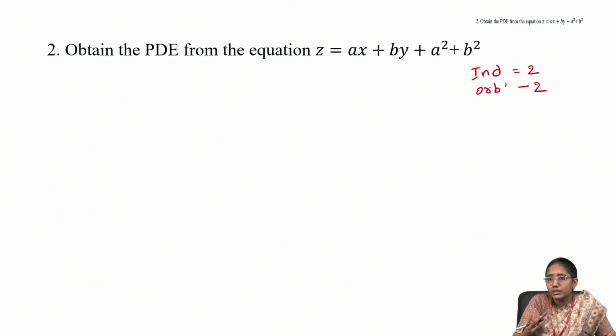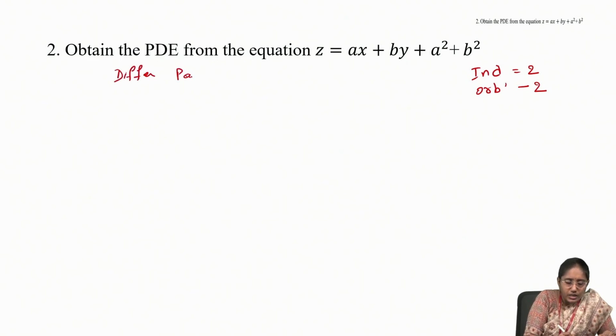So the partial differential equation we obtain is of order 1, because whenever the relation has 2 arbitrary constants, we obtain a partial differential equation of order 1. Now look into whether it is 1 or not. Differentiate partially with respect to x. It means take y as constant.